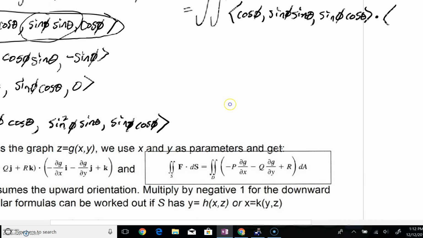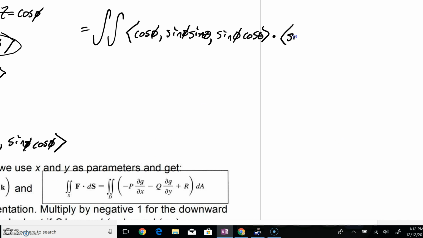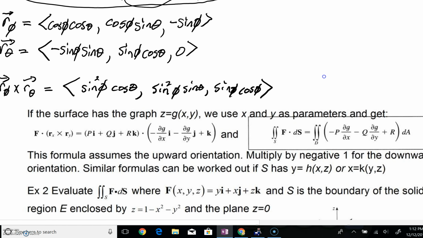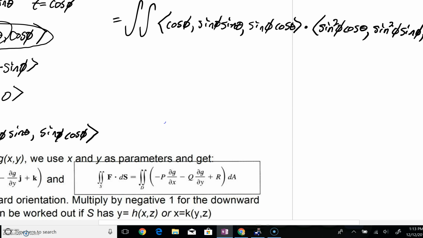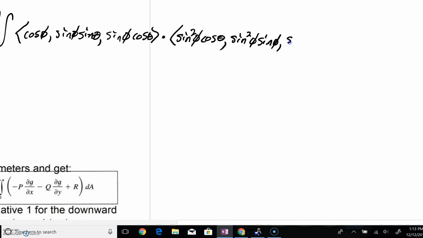Sine squared of phi, cosine of theta. Sine squared of phi, sine of theta. And then our last component, I think you can see right over here, is the sine of phi, cosine of phi. So we're getting there.